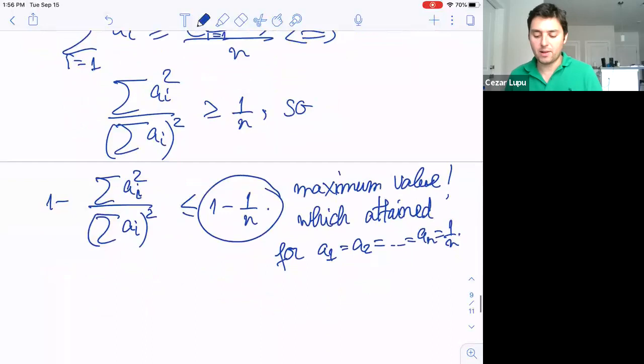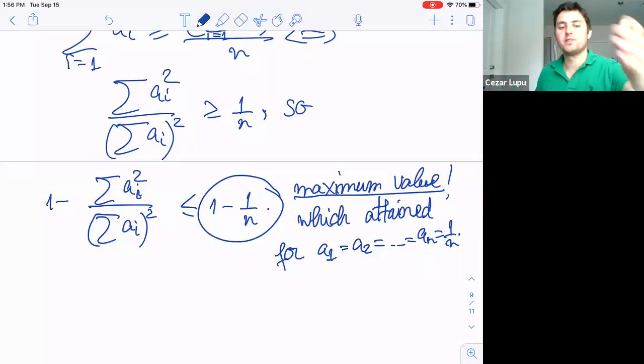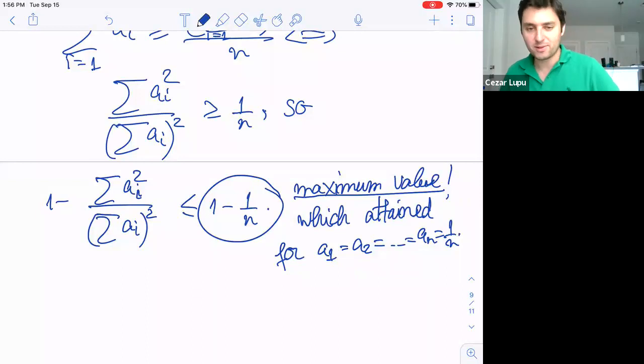So that's the maximum value. Nadia had the idea that it is approaching 1. This is what you said, right, Nadia? If you take n as large as possible, the maximum will be 1. So yes, you are right, but we have a finite number of them.